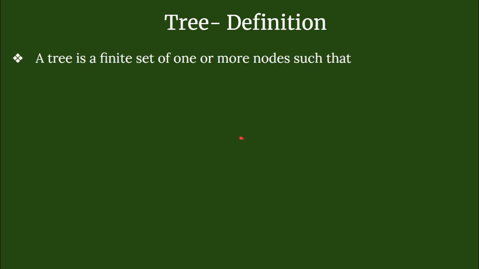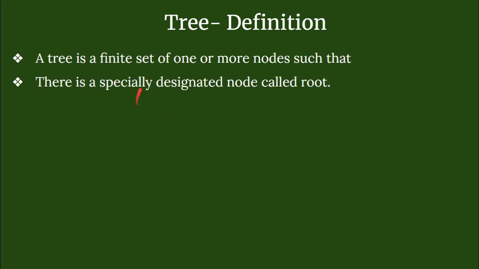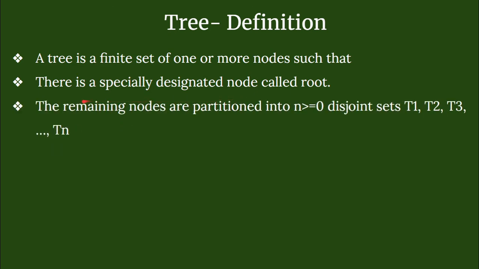Let us see then what is a tree. A tree is a finite set of one or more nodes such that there is a specially designated node called the root. From the root there will be many subtrees. The remaining nodes are partitioned into n greater than or equal to 0 disjoint sets T1, T2, T3, etc. up to Tn.